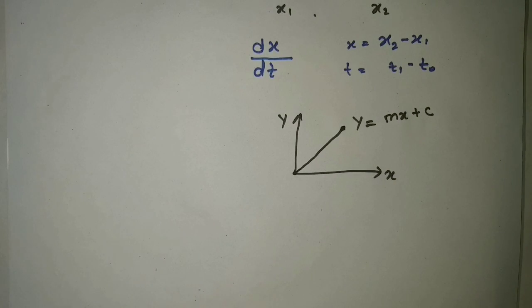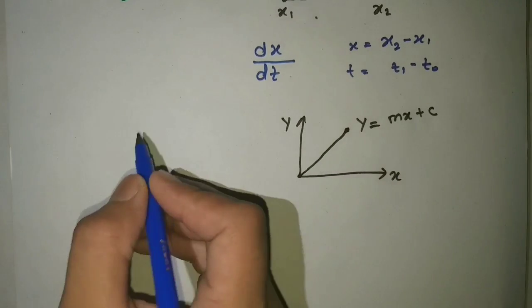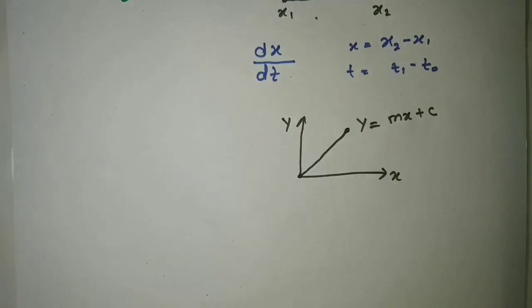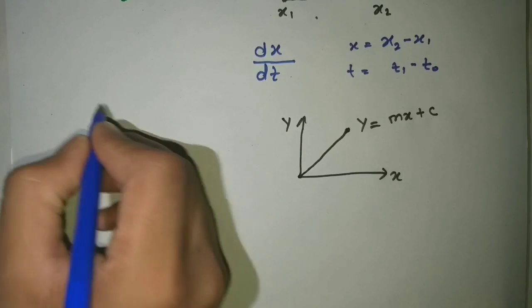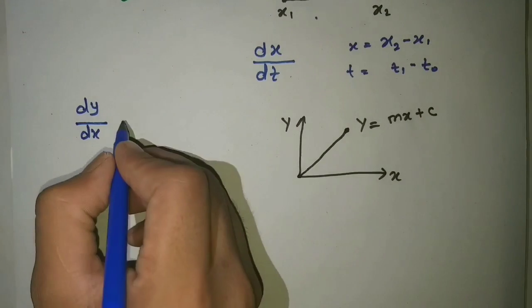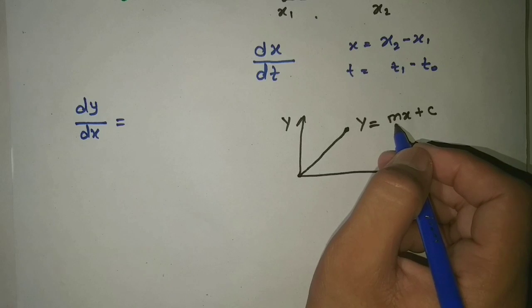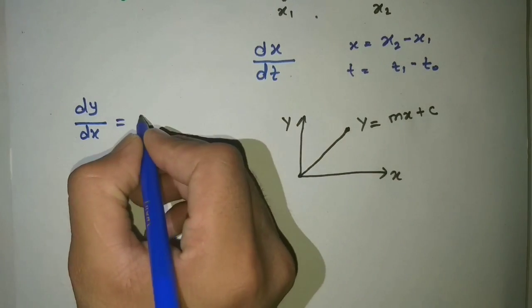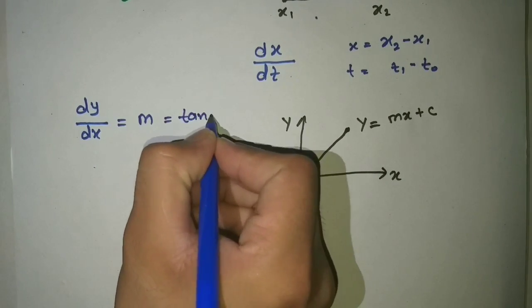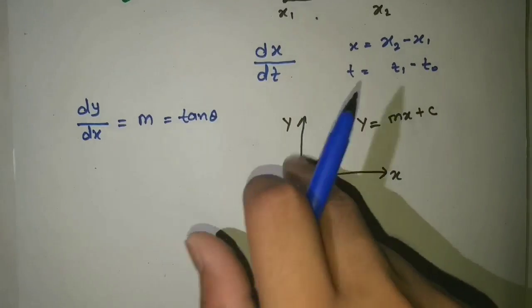If I differentiate y with respect to x, what will be the meaning of that derivative? If I differentiate y with respect to x, m is a constant and c is also a constant, so what remains is m. The m generally means tan theta. It says the slope of that straight line along with the axis.